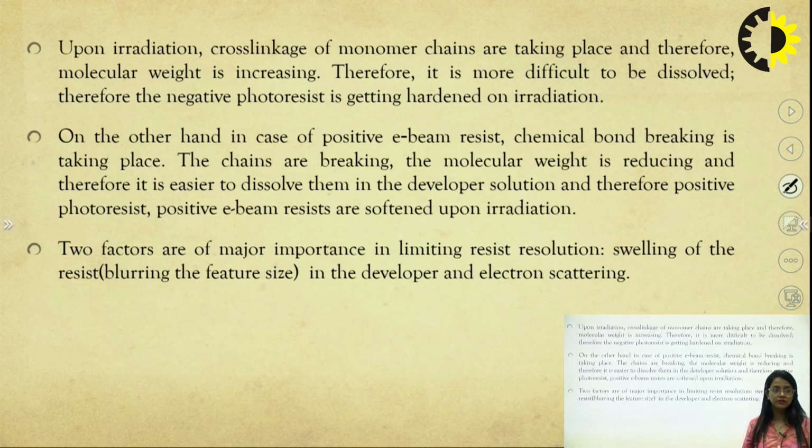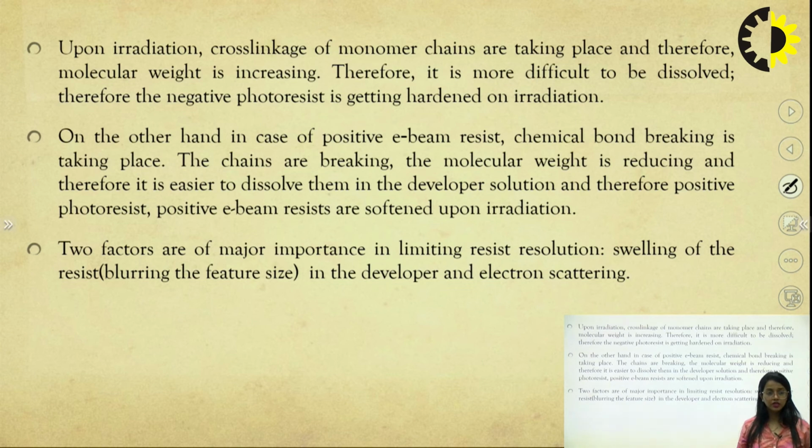Upon irradiation, crosslinks of monomer chains take place, and therefore the molecular weight is increasing, so it becomes more difficult to dissolve. Therefore negative photoresist gets hardened on irradiation.